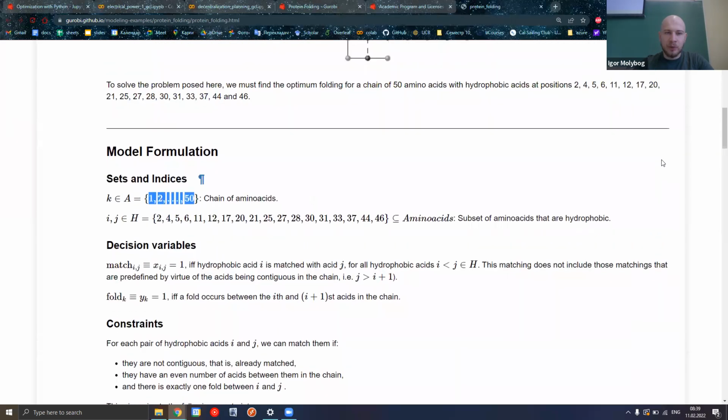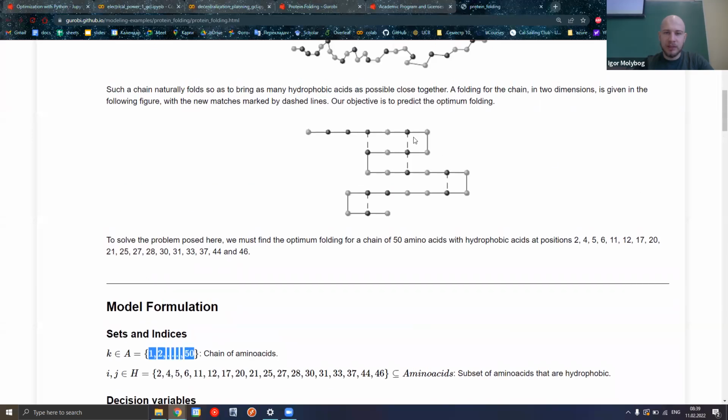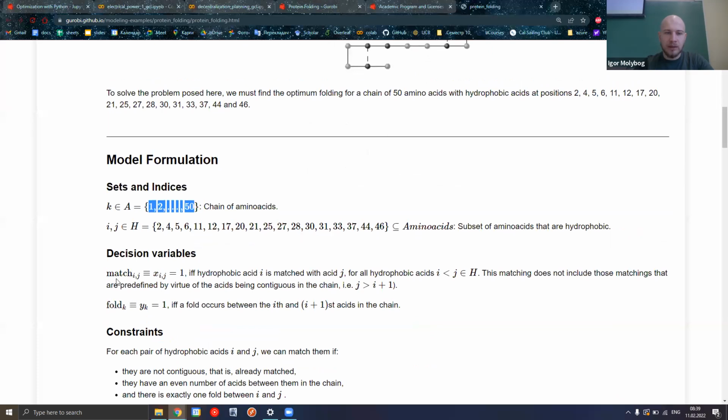What we need to do is predict the places in which folds are occurring. So our main decision variable here is going to be fold. Fold k is going to be equal to 1 if and only if a fold occurs between the kth and the k plus first acid in the chain.